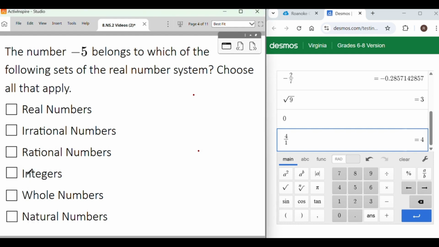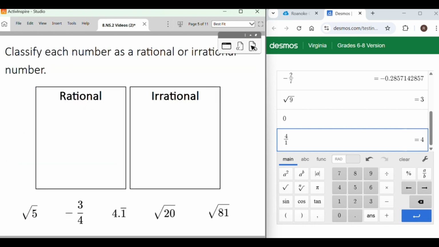And we're going to see that negative 5 belongs with rational right above it in the Venn diagram. And we know it's a real number. So if it asked you to choose which of the following sets of the real number system, you have to choose everything that it applies to. It's definitely not irrational, definitely not a whole, definitely not a natural, but it is everything else.